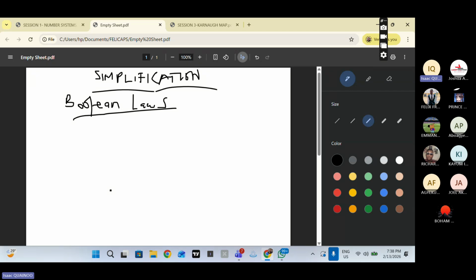So for instance, if the final answer is A bar plus B, and you end up getting A plus B out of a wrong application of the laws, the output this will return will not be the same as the output this will return.